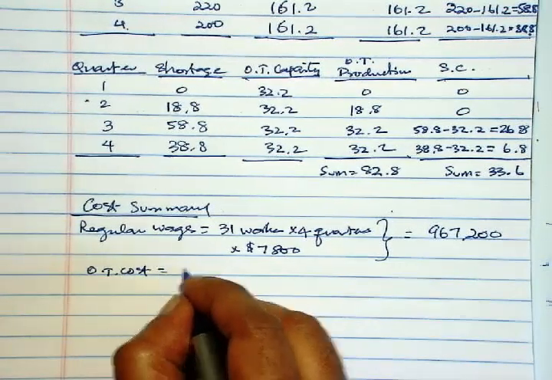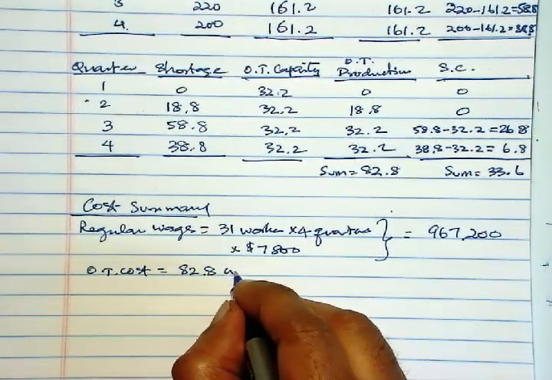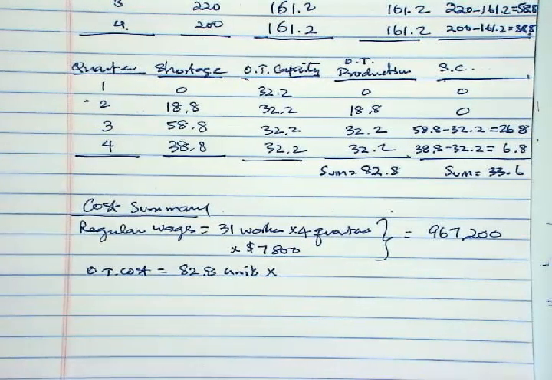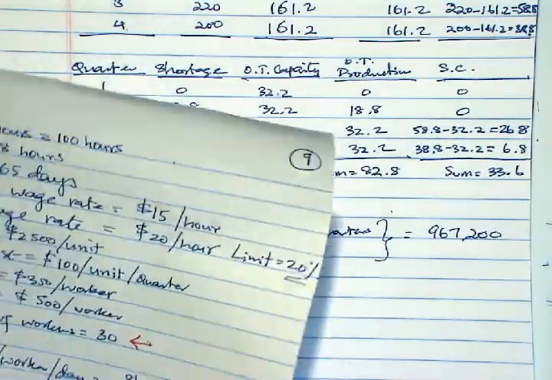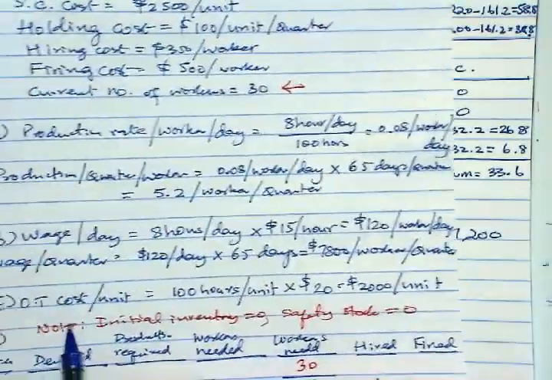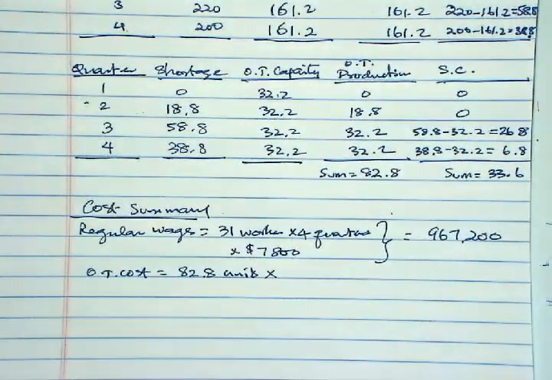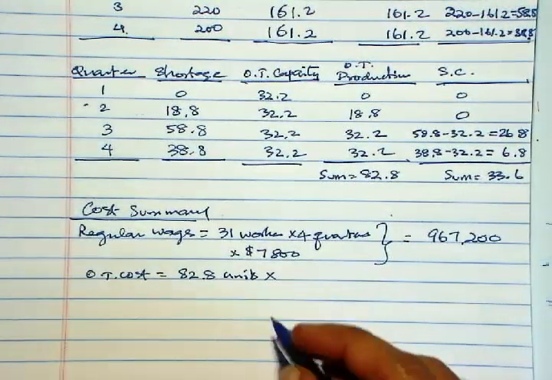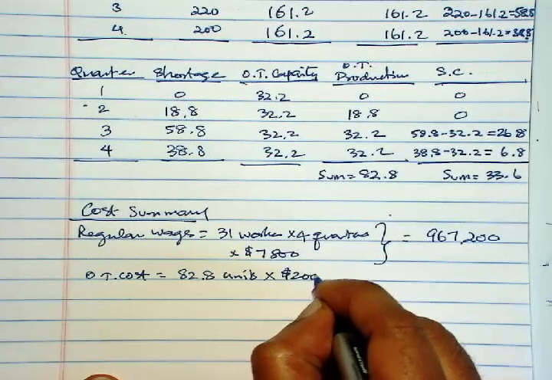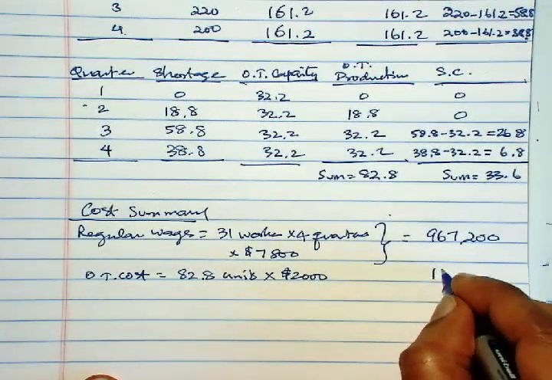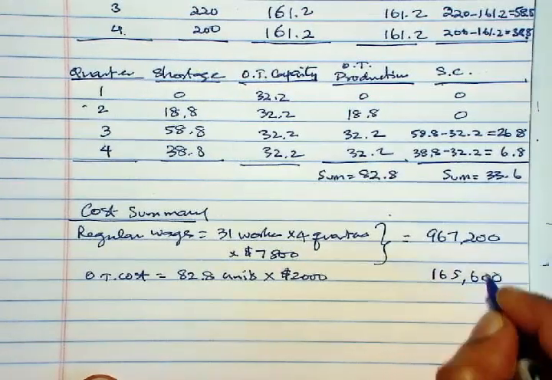Now overtime cost is 82.8 units times overtime cost per unit. We calculated the cost of producing the product in overtime, and that was $2,000. So multiply by $2,000 will give us 165,600.